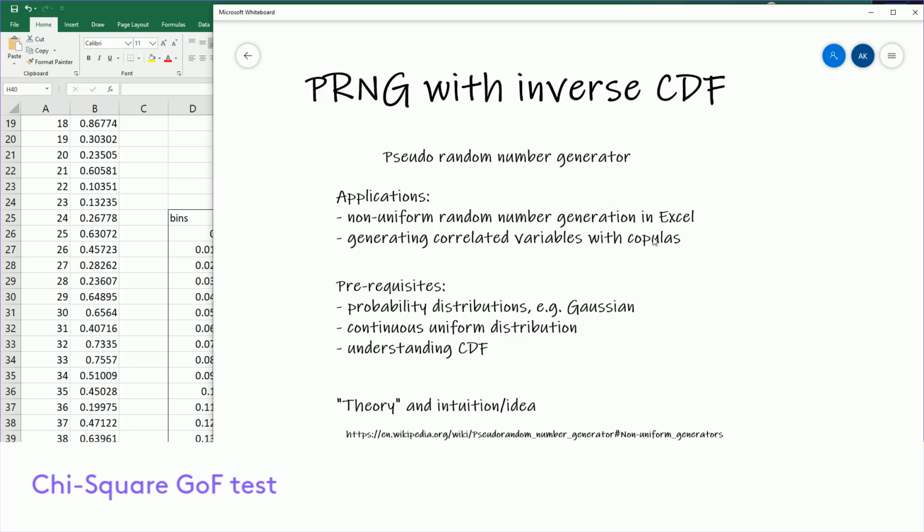Now, if we take these uniform random numbers and plug them into the inverse CDF of your interest, then you will get correlated non-uniform random numbers. So you can generate all kinds of very interesting joint probability distributions. That is how I'm going to be using this in my advanced econometrics course.